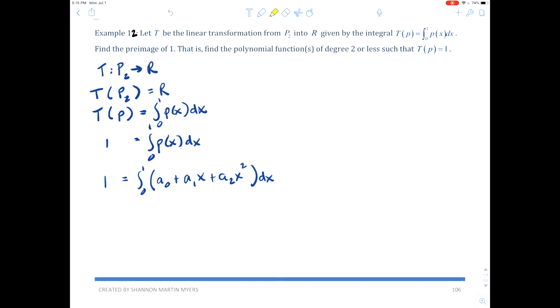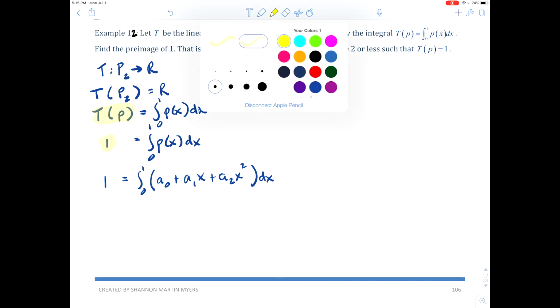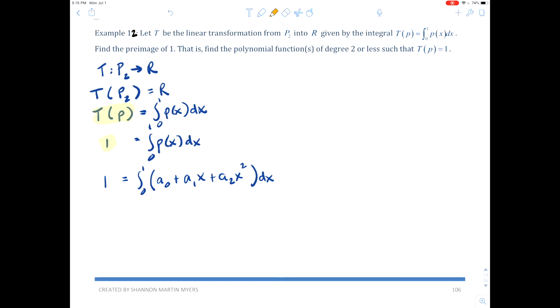All right, so let's just look at what we matched up. The output when we plug in P to our transformation is 1. And we also know that P of x, when we're dealing with polynomials of degree 2 or less, takes on this form. Cool so far? So let's do it.